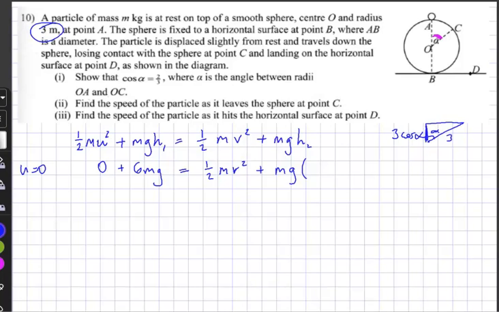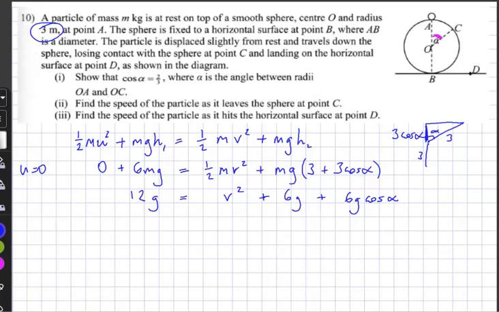If we add on the 3 that's below, we end up with a height from the bottom of 3 plus 3 cos alpha. Previously I was talking about the distance it's moved, but what we're really interested in is the distance it is from the ground. So it's the 3 cos alpha plus the 3 that takes you from O to B. So total height from the bottom is 3 plus 3 cos alpha.